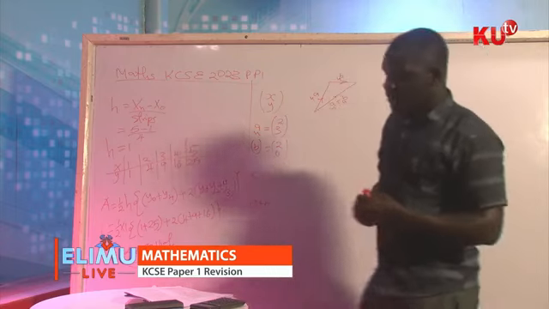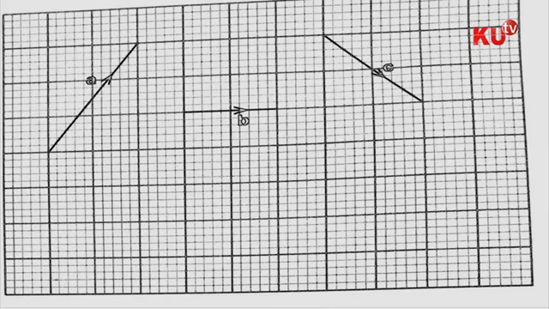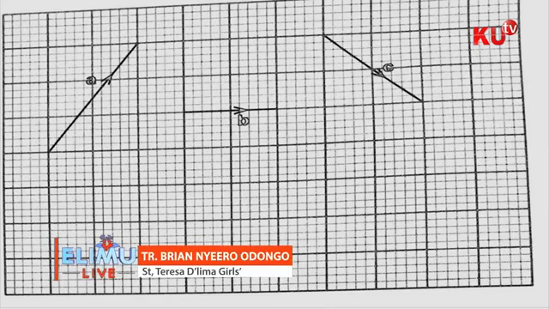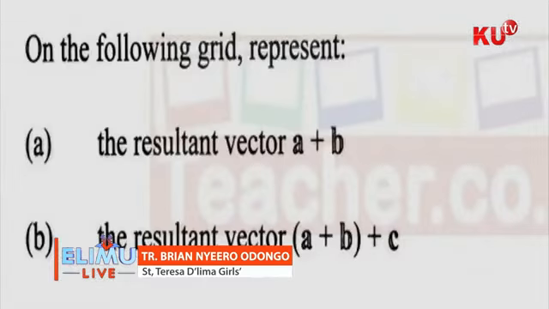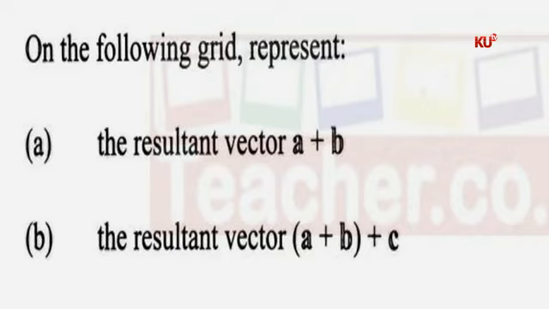After you've drawn it, part B says AB plus C. AB first, then to it you add vector C. Now AB is this one here, and you have to add vector C. Now look at vector C. From here vector C is going 2 steps on the x-axis and 2 steps on the y-axis.